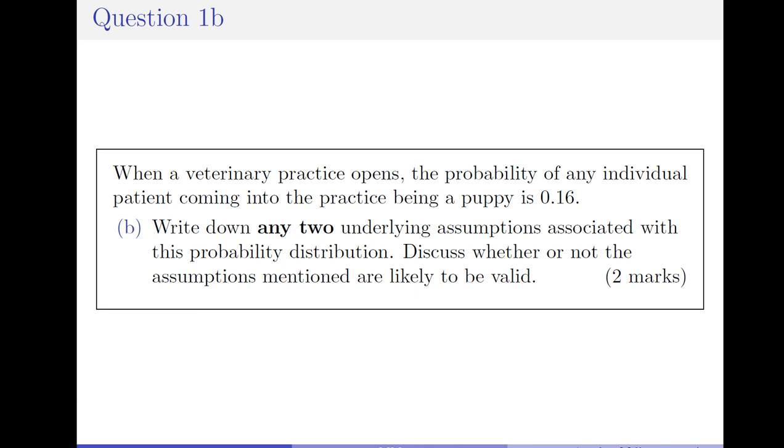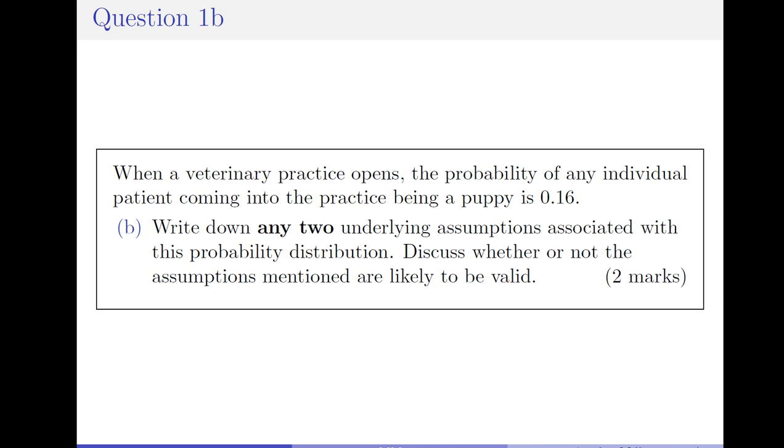So here, if you'd written down maybe the wrong distribution, for example, the Poisson, you still need to give the assumptions of the Poisson. You need to be consistently wrong. However, we are doing this correctly, so we know it is the geometric distribution, or the negative binomial, any two underlying assumptions of those.